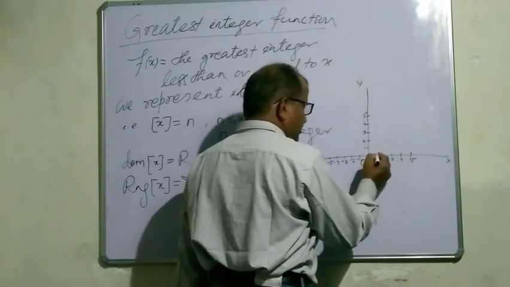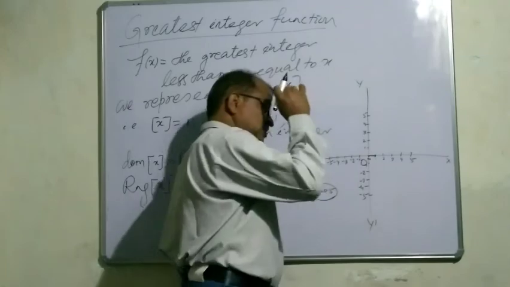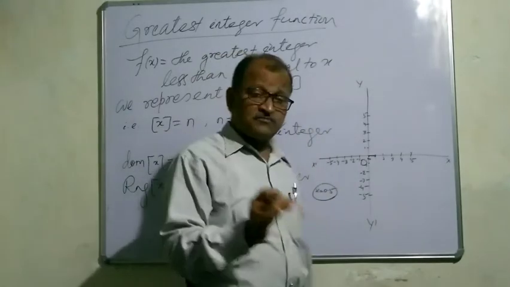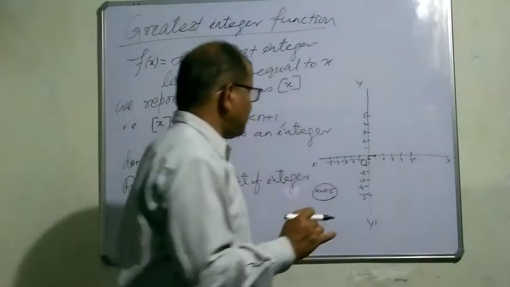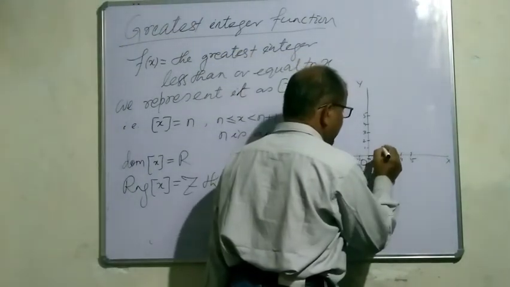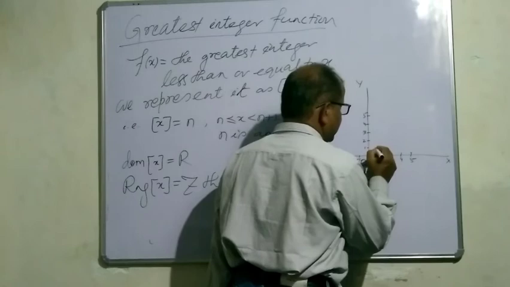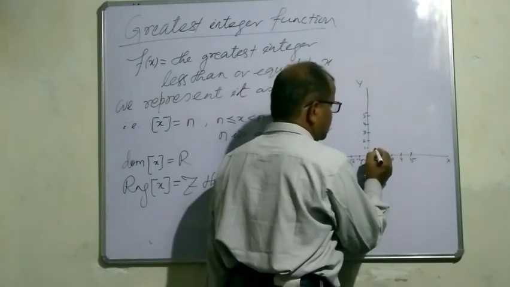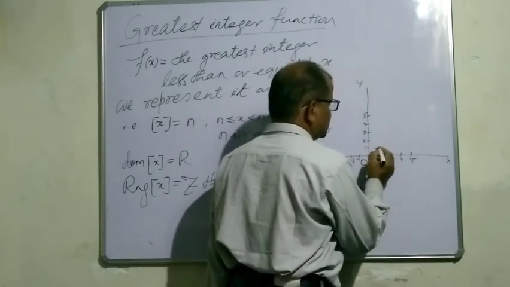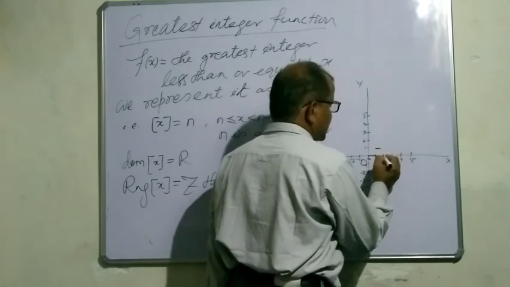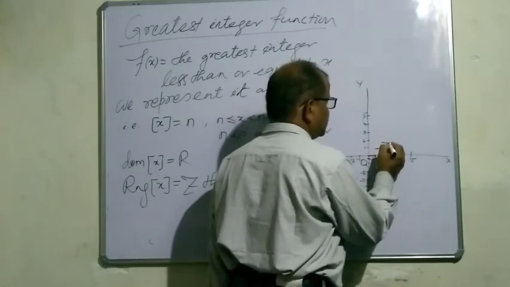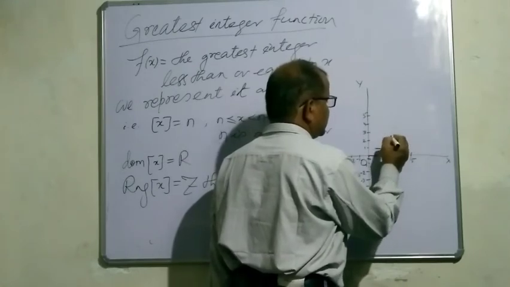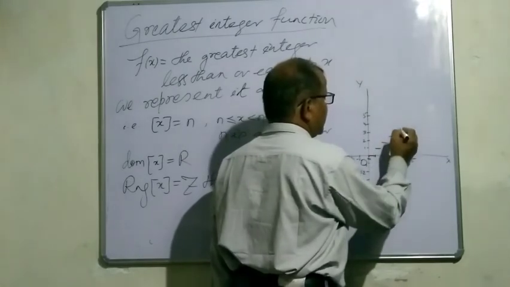At the instant at which x takes the value 1, the value of f(x) becomes 1. Up to 2 it remains constant. At the time at which it becomes 2, the value will be 2. Up to 3. At this point it will be 3. At 4 it will be 4.